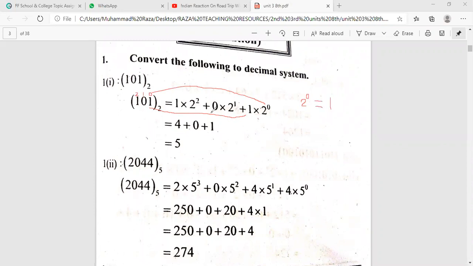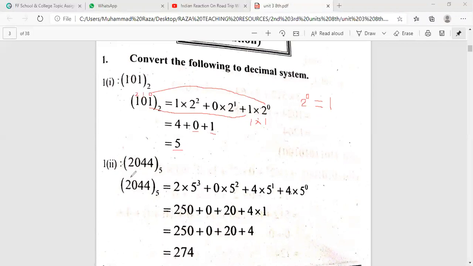So 2 power 2 becomes 4. 2 power 1 is 2, but when it is multiplied with 0, it becomes 0. And 2 power 0 becomes 1, so 1 into 1 into 1 is 1. We add 4 and 1, and we get the answer 5.